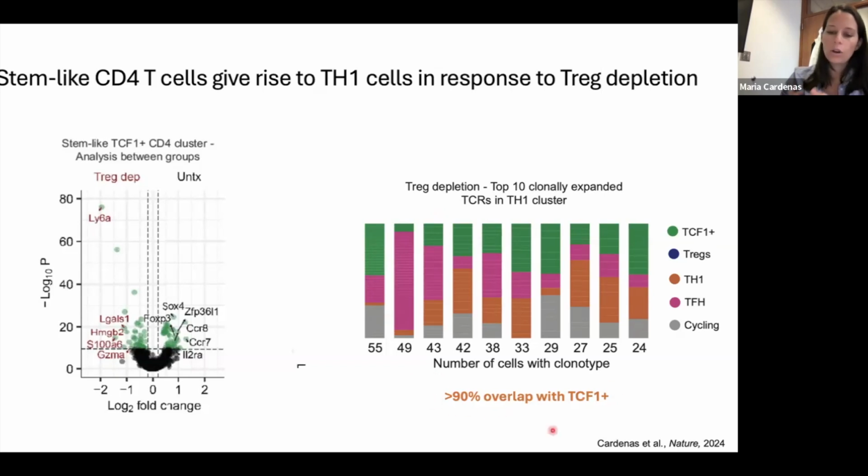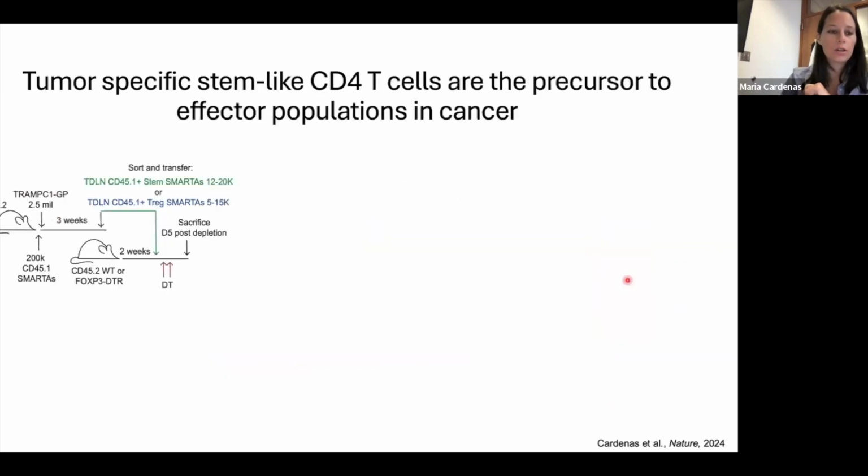And if you look at all of the TCRs within that Th1 population, there was over 90% overlap with the stem-like CD4 T cell, really suggesting that they are in fact the precursors of Th1s that are arising after Treg depletion, which has been a subject of debate for a long time. And so we thought TCRs weren't fully enough to convince us that this was in fact real. We wanted to do a functional retransfer experiment to really show the relationship between these cells.